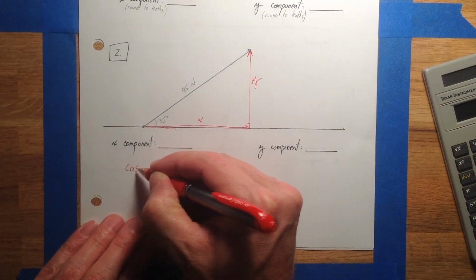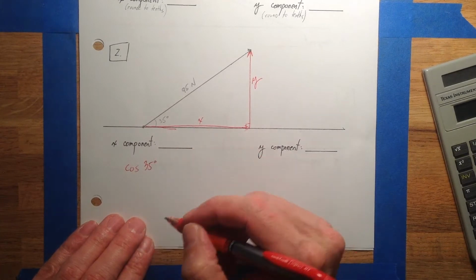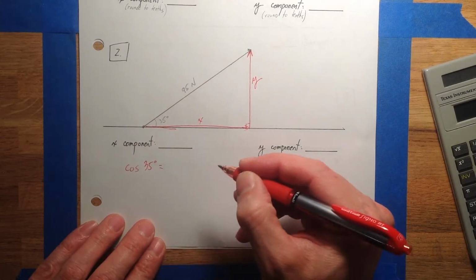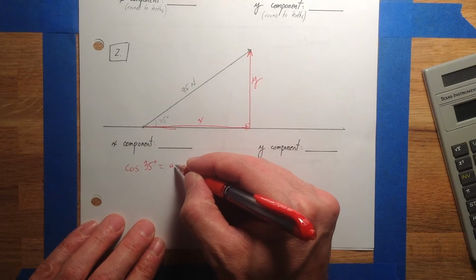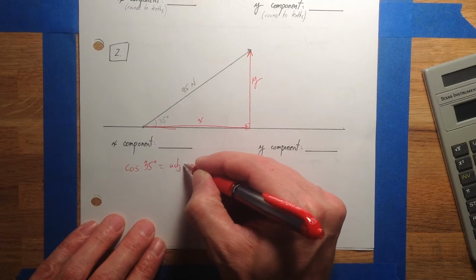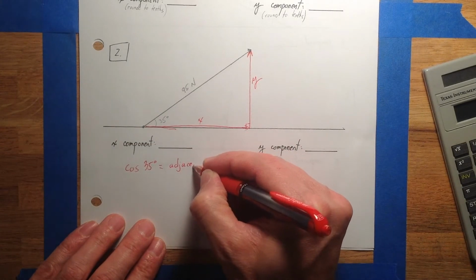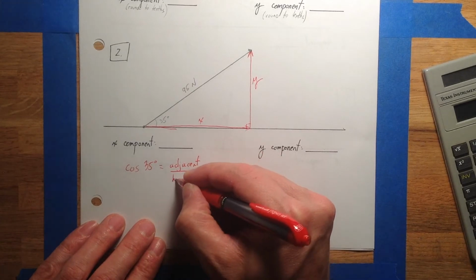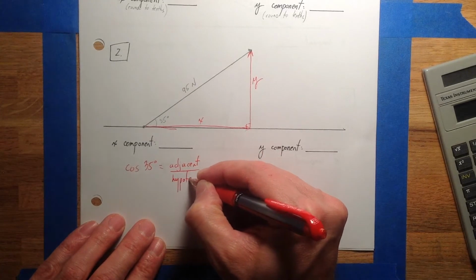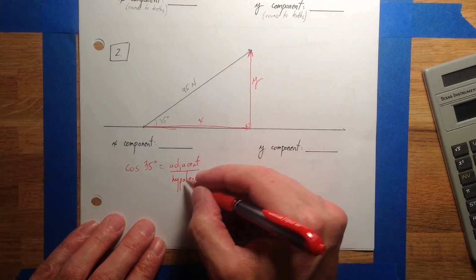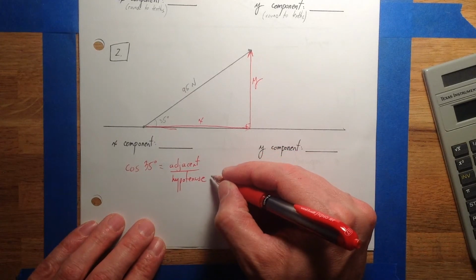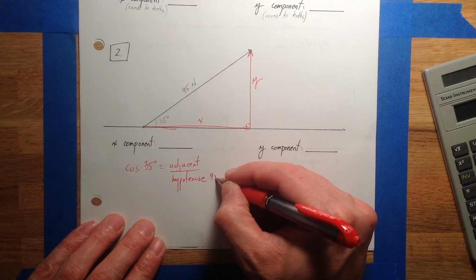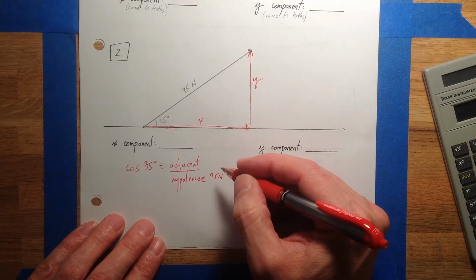So cosine 35 degrees equals adjacent, which is x right here, over hypotenuse. Oh, sorry, and we know the hypotenuse is 95 newtons.